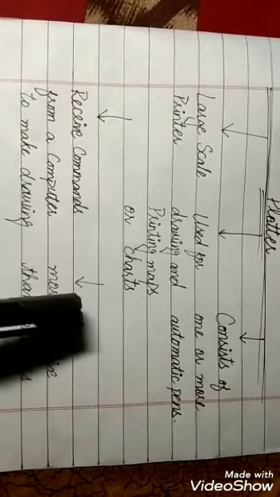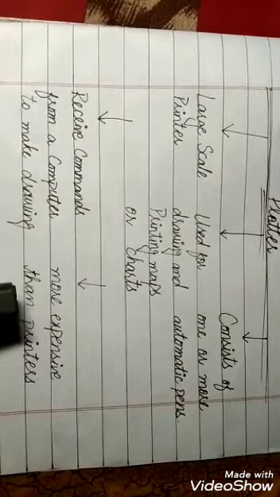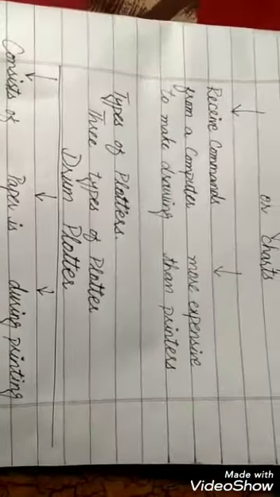Electrostatic plotters are mostly used this way. Okay students, today we have discussed what a plotter is and the types of plotter. A plotter is a large scale printer used for drawing and printing maps or charts, and consists of one or more automatic pens. A plotter receives commands from a computer to make drawings, and is more expensive than printers.